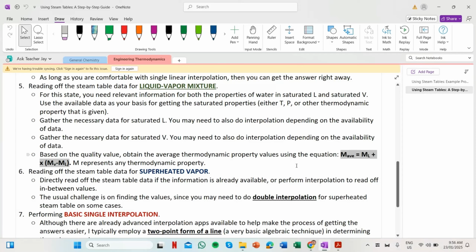And you can find this equation. This equation was derived from the inverse lever arm rule that you can use when you have a graphical form of the steam data or the water properties data. That will be given, or I can explain it in a different video, but for now we can stick to this formula.